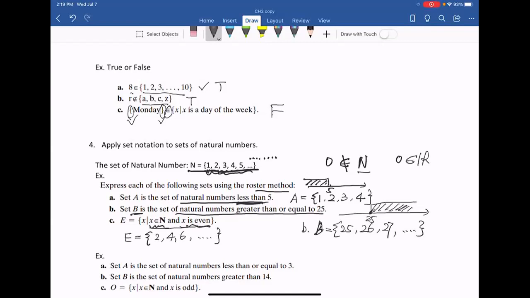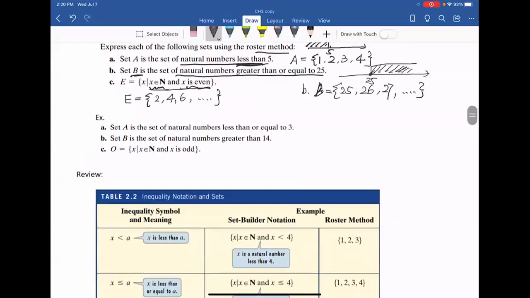Okay, let's move on. The next example, set A is a set of natural numbers less than or equal to 3. So draw a number line, less than or equal to 3. 3 is included. And natural numbers, that means A equals 1, 2, 3.